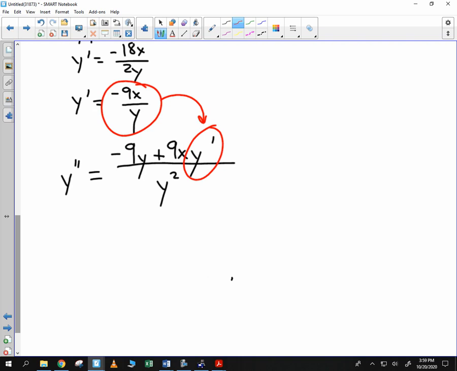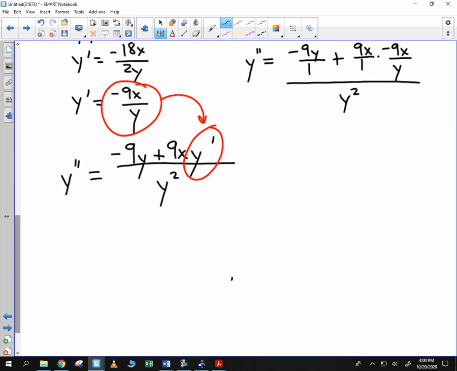And so, in this situation, we arrive at y double prime is equal to -9y, I'm going to write this over 1, plus 9x, I'm going to write that over 1, times -9x over y, all over y squared.